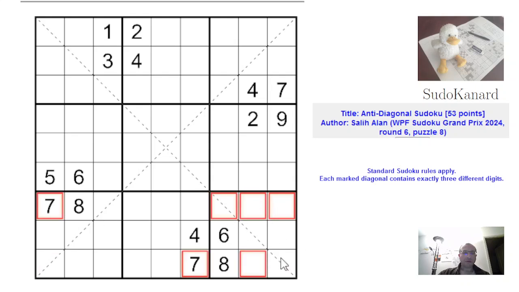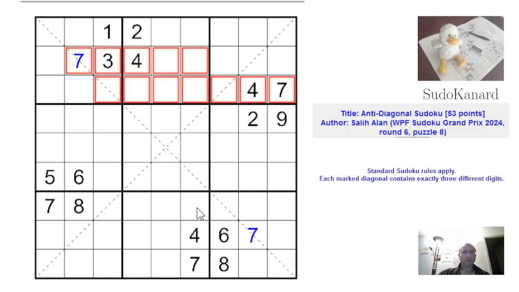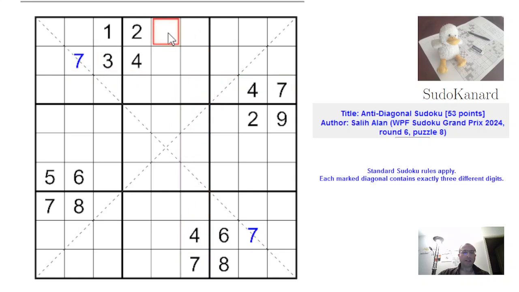Let's do some Sudoku first. So 7 is on this diagonal, which means 7 must also appear in here and on here. So saying this, that has to be a 7. Now with Sudoku, we get the 7 there.